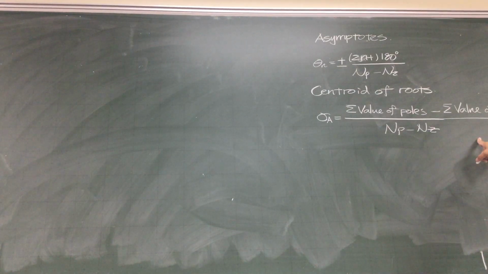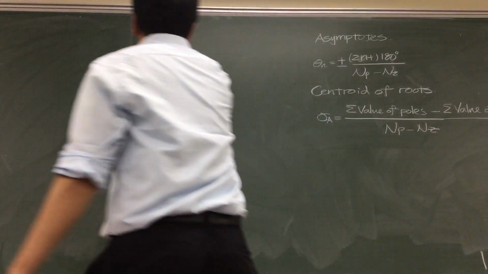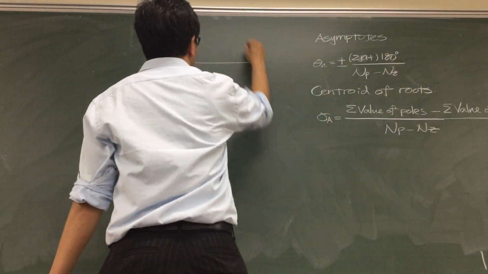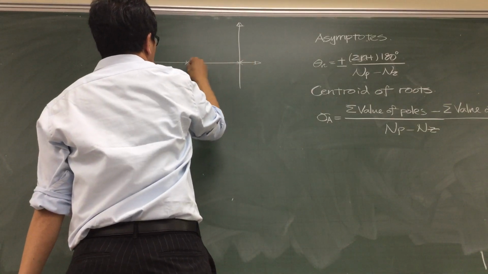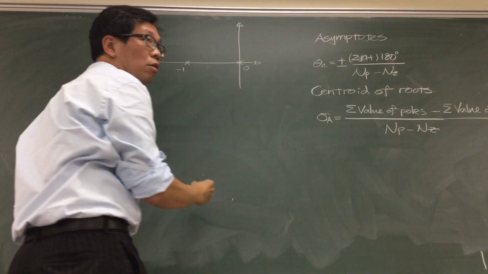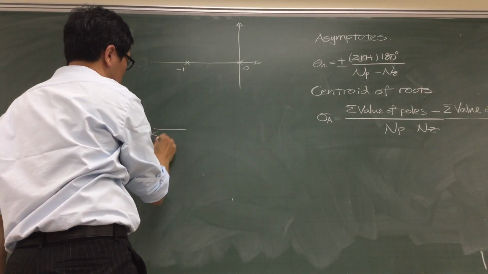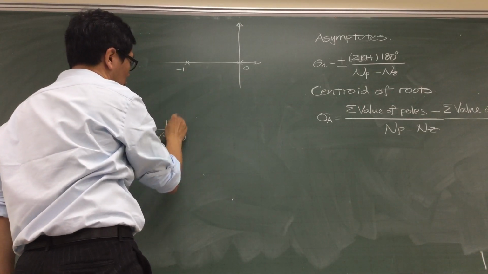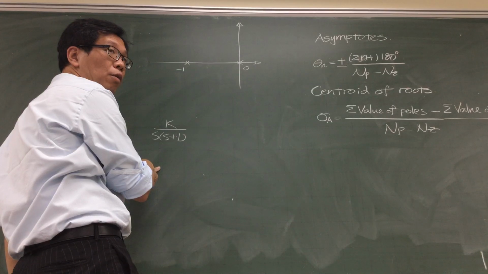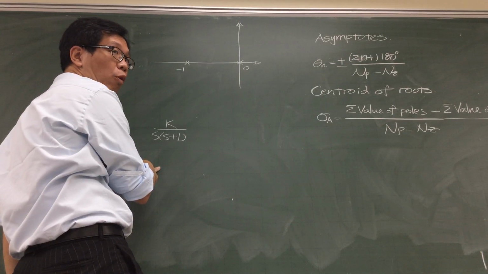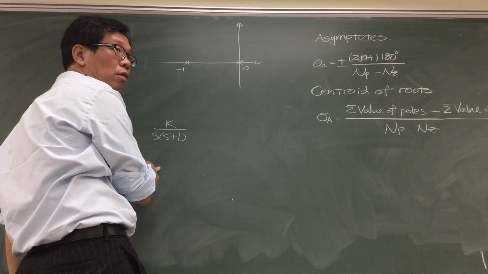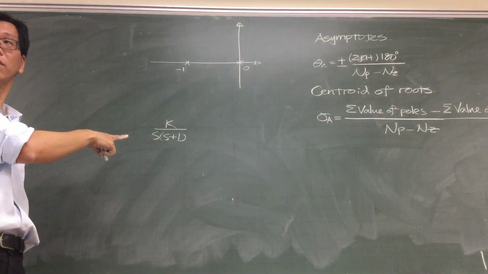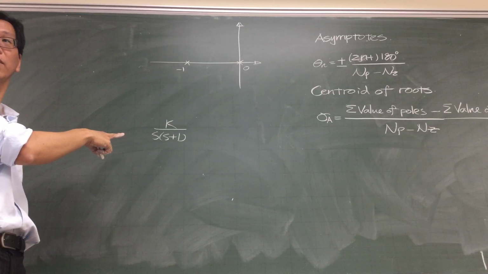Okay, pretty straightforward. Let me show you one thing. Do you guys remember the one we used in the previous class? This is -1, this is 0. The S plus 1 K problem. So open loop, my poles are located at what? 0 and -1. How many poles do we have? 2. How many zeros do we have? 0.